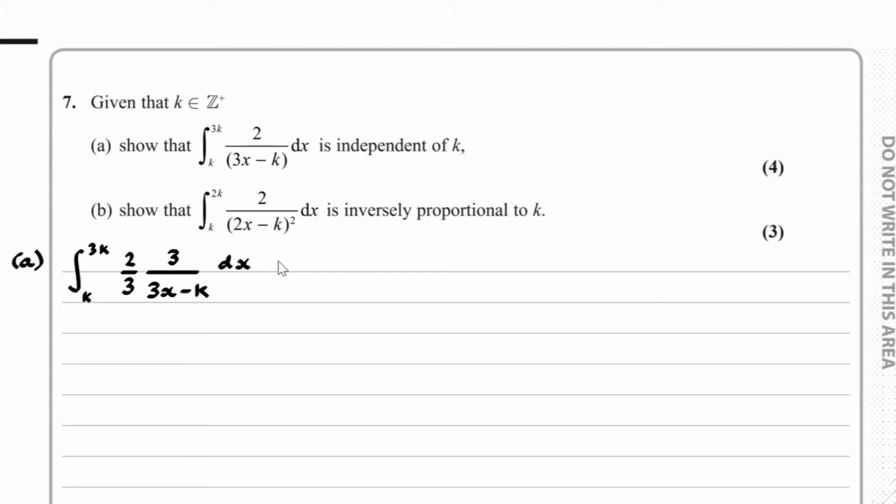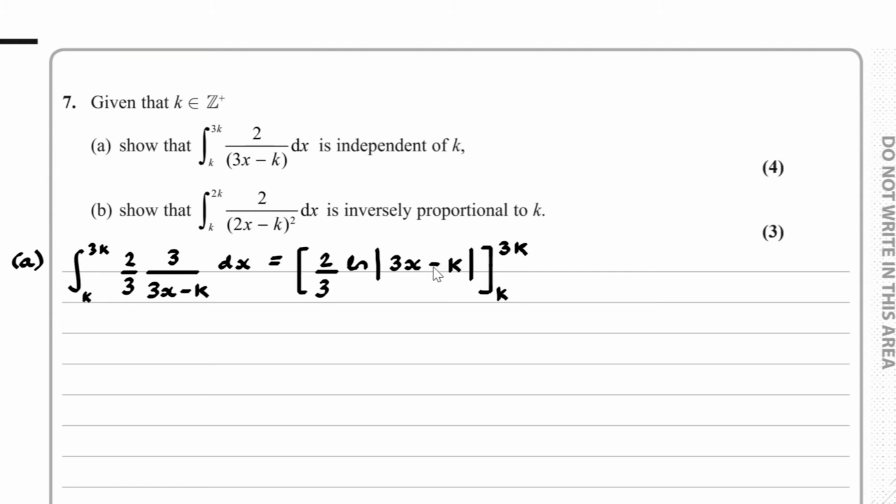And so if we integrate, between k and 3k, we have 2/3 times the natural log of the mod of 3x minus k in between k and 3k.